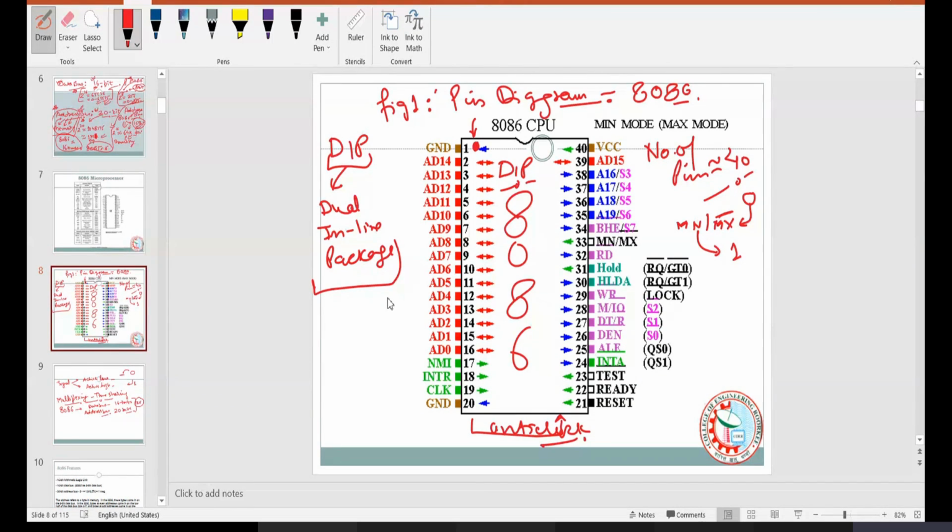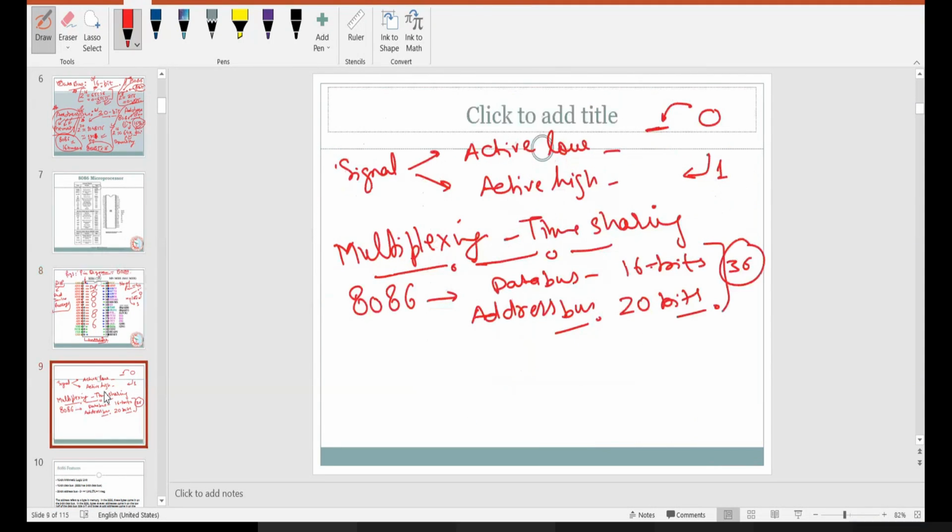So 36 plus 20 or 22 is already around 60, but the final product comes out to be 40. How come? Because of the concept of multiplexing. What the designers of the 86 did, see, they took the 16-bit data bus and the 20-bit address bus.